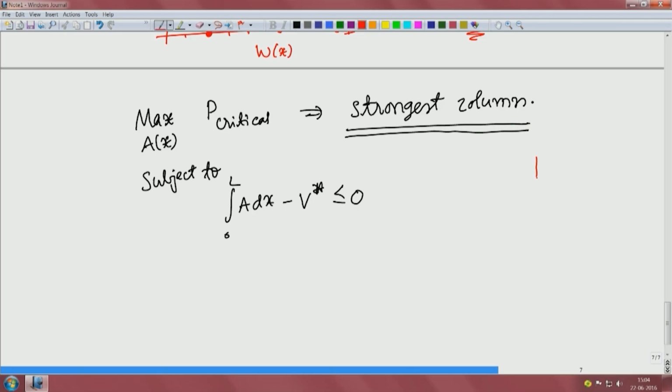We have a column. I will only draw the neutral axis now. Let us say a fixed-free column, boundary conditions do not matter. Now, instead of taking a uniform cross section, we will take a variable cross section.